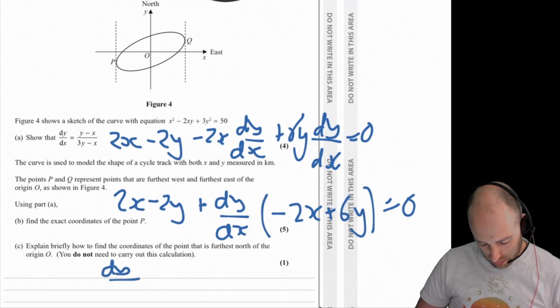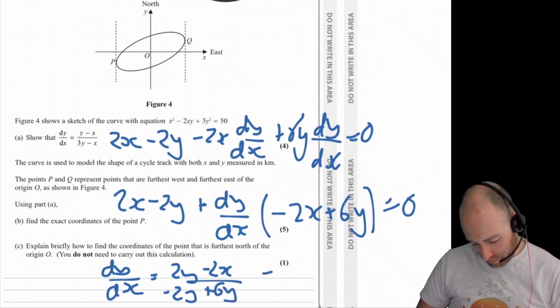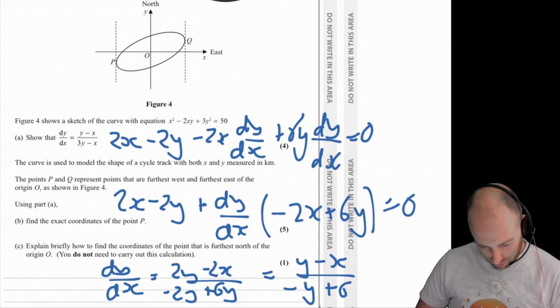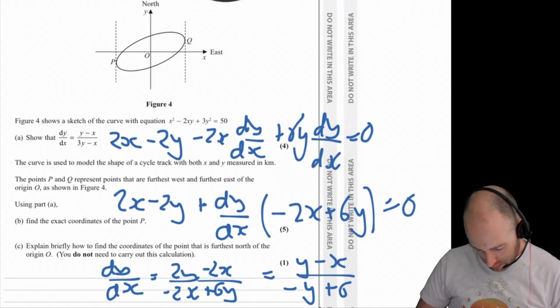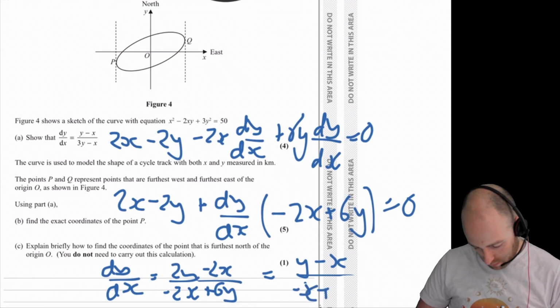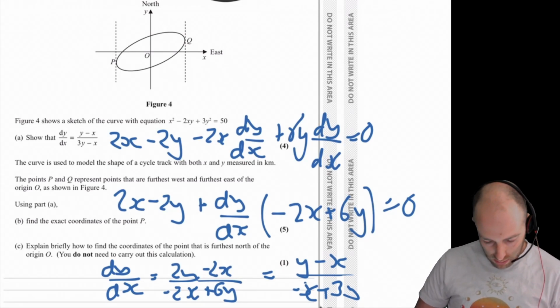Rearrange to get dy/dx is 2y minus 2x over minus 2x plus 6y, divide it all by 2, so y minus x over minus x plus 3y. That should be an x, not a y. There you go, so that's part A.